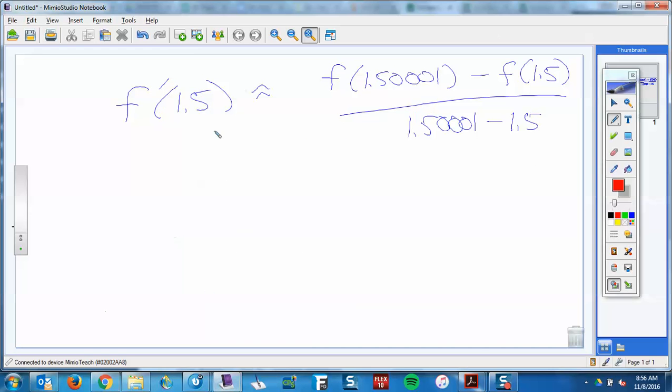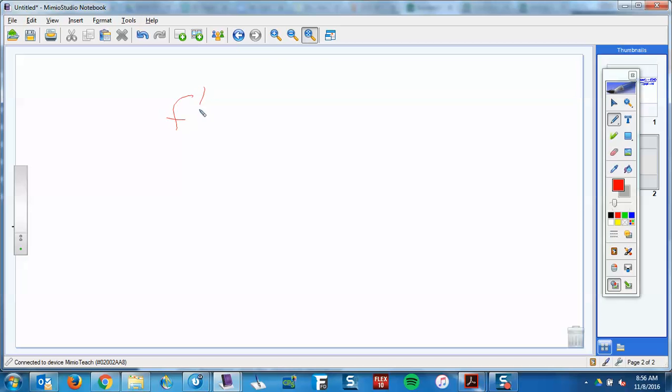Here is an f prime graph, right? Let's just look at that right there. Now, are those values always positive? Look at that graph. Are those values always positive? Yes. When I say, is that graph positive, we've got to understand the language here.